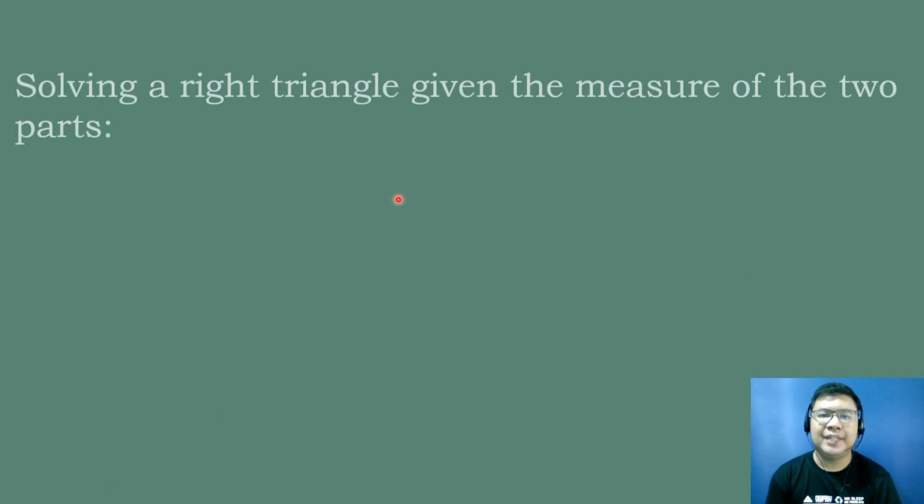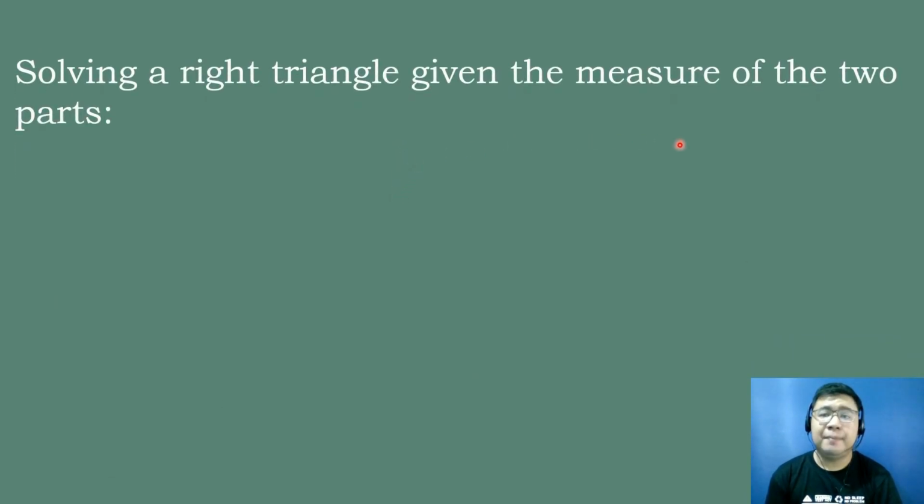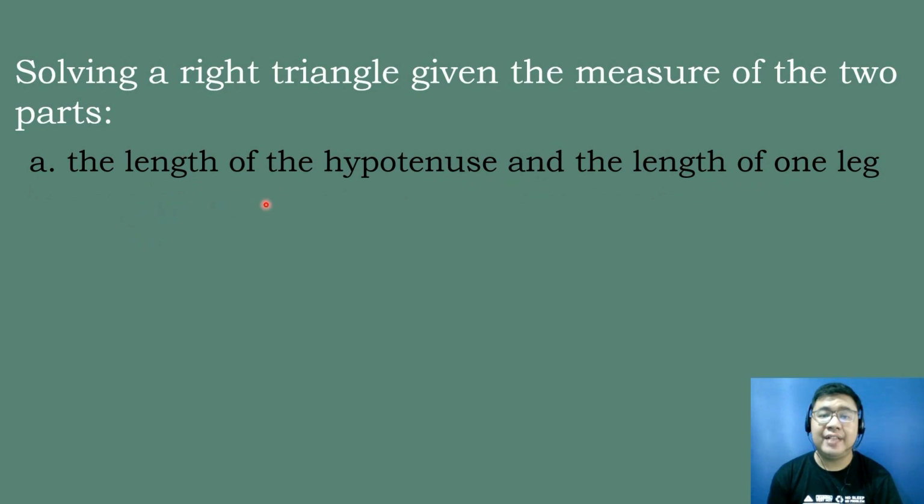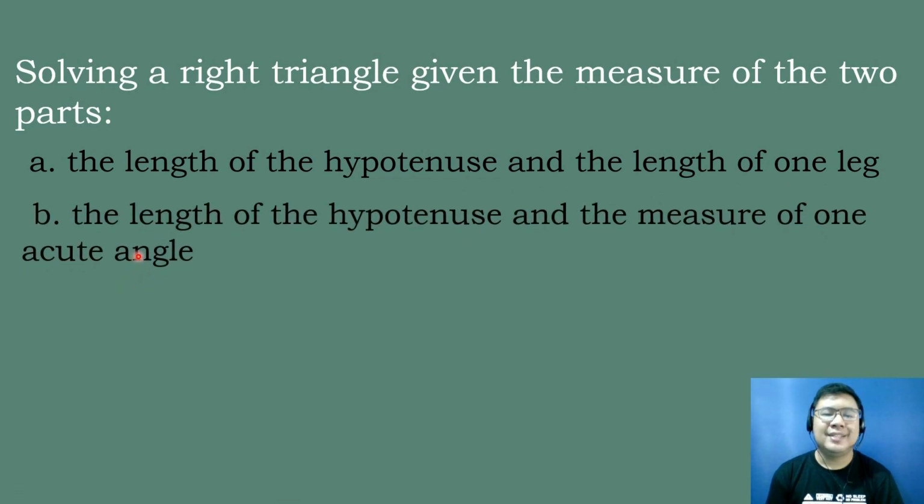We can solve for the missing parts of a right triangle given the measure of two parts of the right triangle. So the first given, if the length of the hypotenuse and the length of one leg is already given. The second one is if the length of the hypotenuse and the measure of one acute angle is already given.